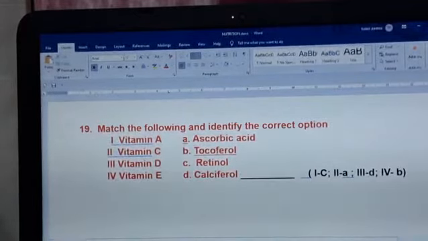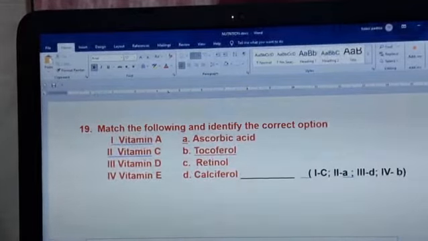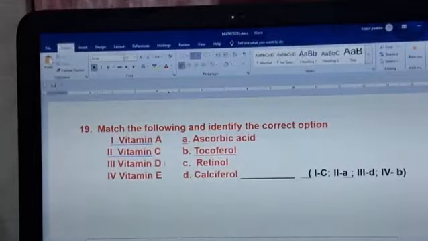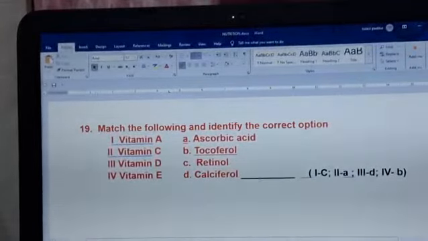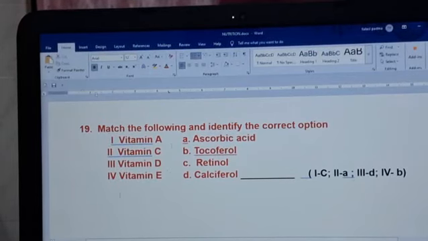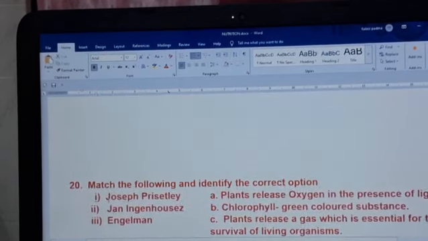The first one, vitamin A, is retinol. Second one, vitamin C, is ascorbic acid. Vitamin D is calciferol. Vitamin E is tocopherol. These are the answers for this bit, children.